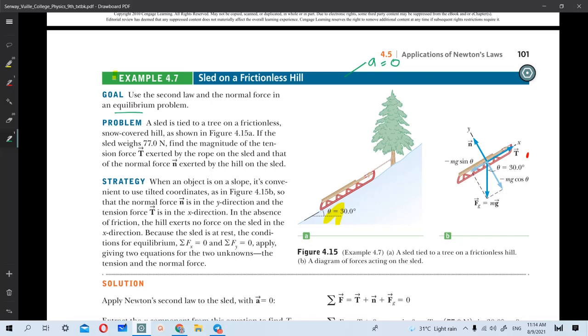If the weight of the sled is 77 Newton, find the magnitudes of the tension and the normal force exerted by the hill on the sled. Alright, now, free body diagram. Start with the string.